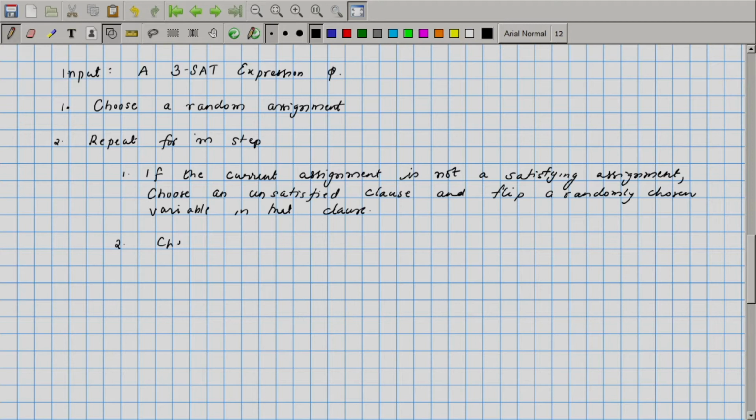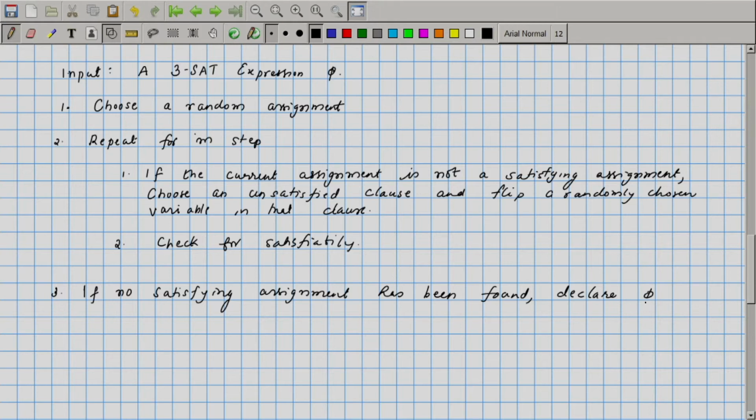Then we will check for satisfiability. If a satisfying assignment is found, we declare phi satisfiable. If no satisfying assignment has been found after all the steps, declare phi to be unsatisfiable.